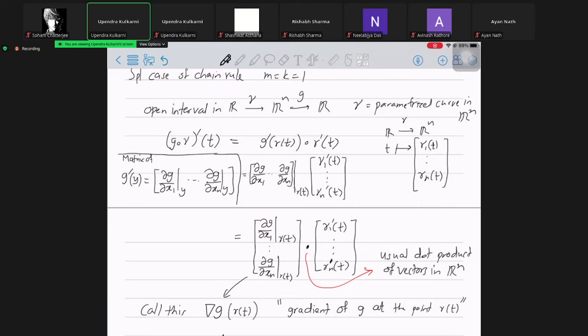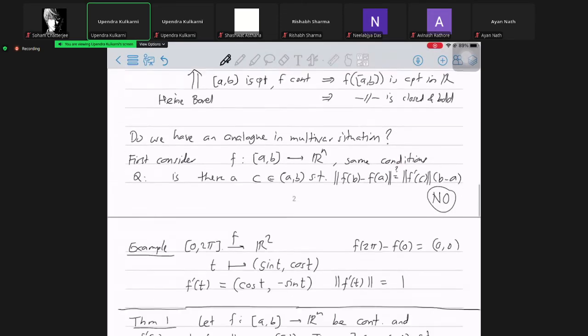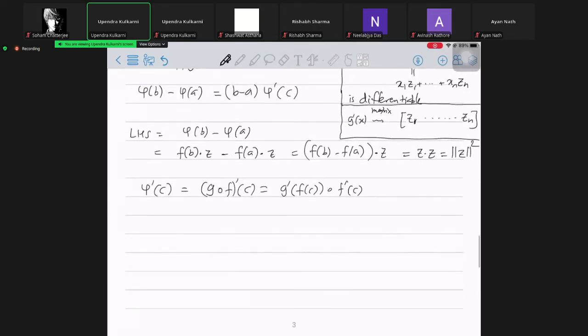The row vector I wrote down in terms of Z's, I can write the same thing as a dot product. So the upshot is this is the same thing as Z dot f prime of c.